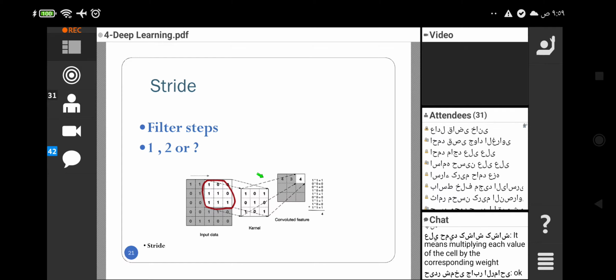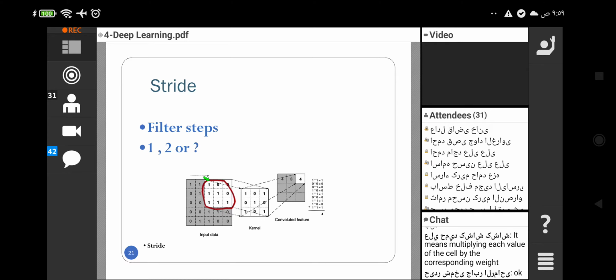For example, if the center is here, this is the first point, and then the next point is here. The next point is here. The next point is here.